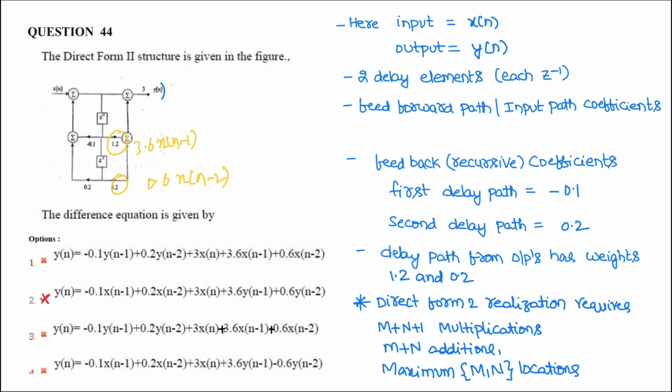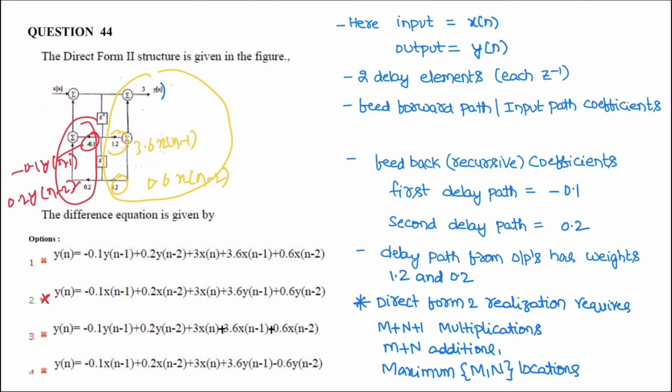These are the coefficients related to the output terms, minus 0.1 y of n minus 1 and 0.2 y of n minus 2, and these are the coefficients related to the input x terms.